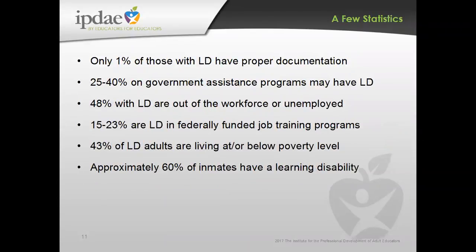Only 1% of people with LD have the proper documentation that would get them an official accommodation. 25 to 40% on government assistance have LD. 48% are either unemployed or out of the workforce. 43% living at or below poverty.